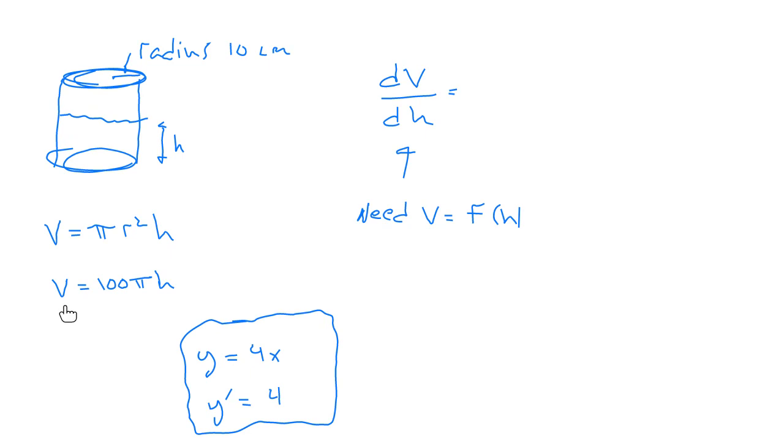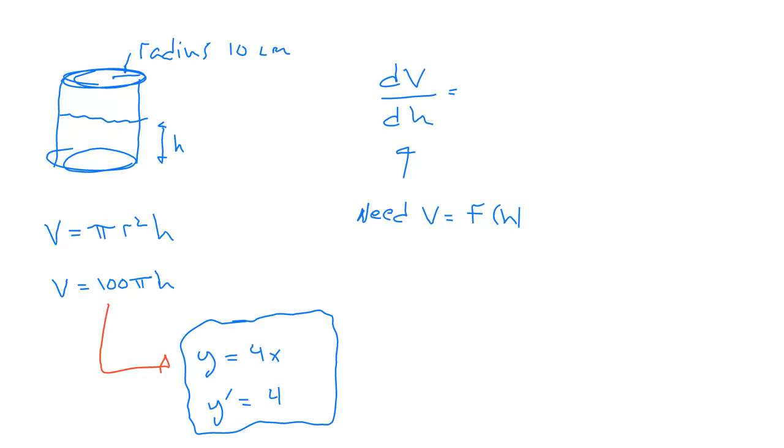V is one variable, volume. H is another variable, depth. 100 pi is just a constant. So part of learning to do some math is learning to realize when things that appear complicated because of the notation and the variables and the constants are really as simple as stuff you already know.